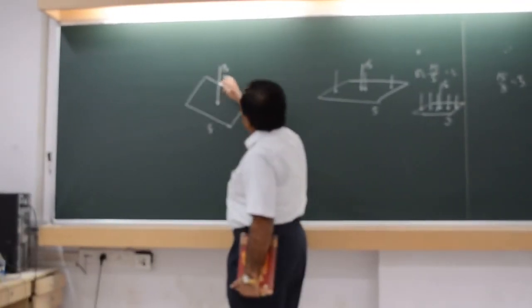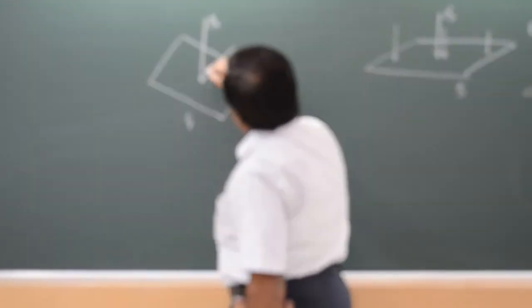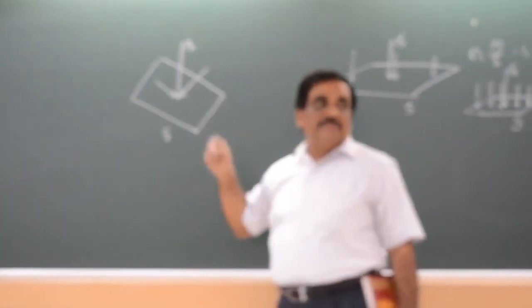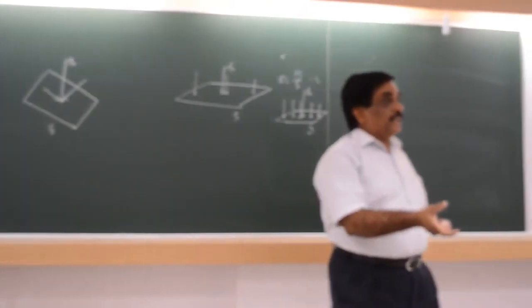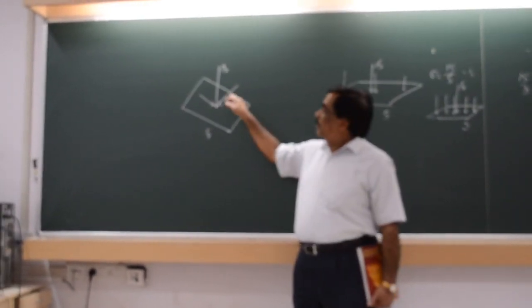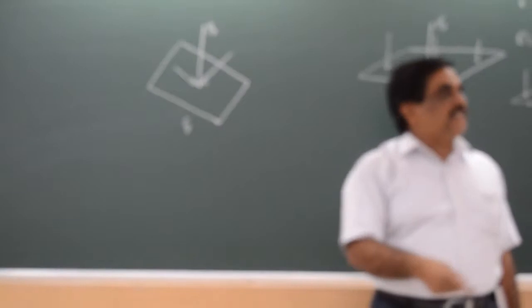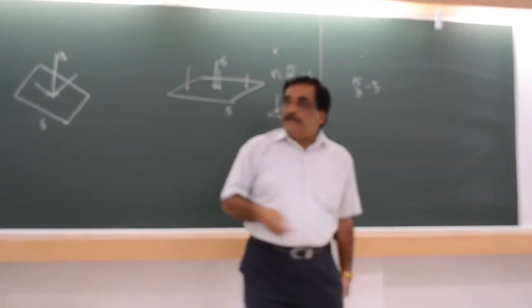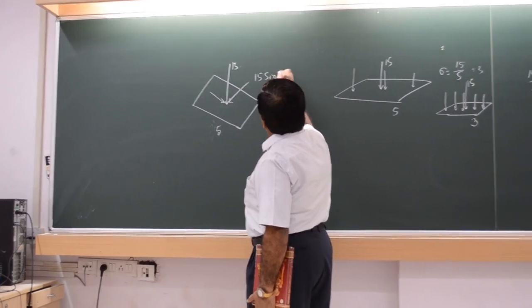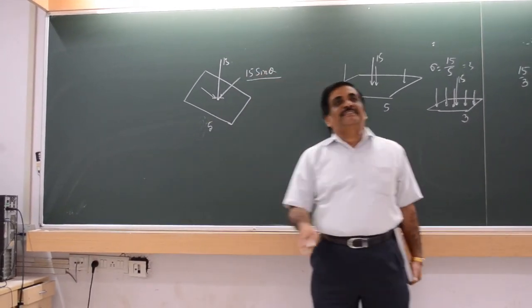Now this 15, you can resolve into a normal force and a traction force when it is inclined. Only this normal force can create stress. That means 15 sin theta is the force which will create stress.